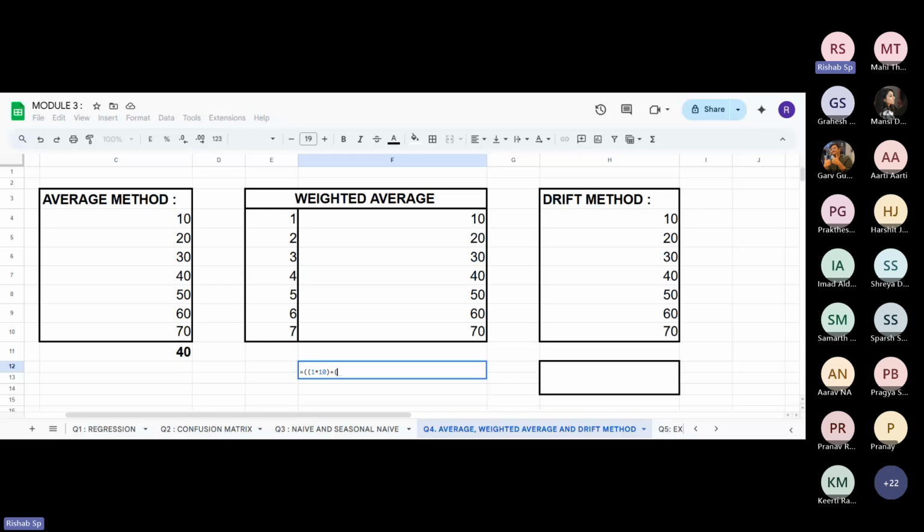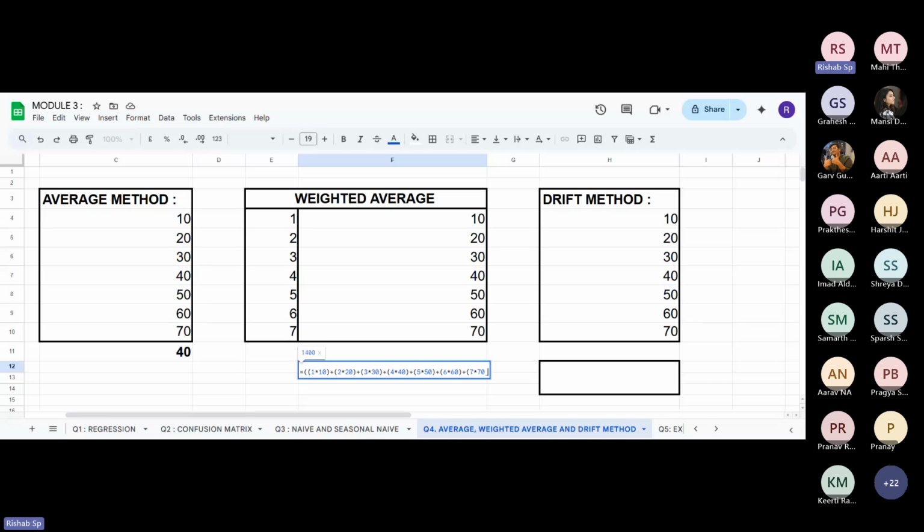So here 2 into 20 plus 3 into 30 plus 4 into 40 plus 5 into 50 plus 6 into 60 plus 7 into 70.